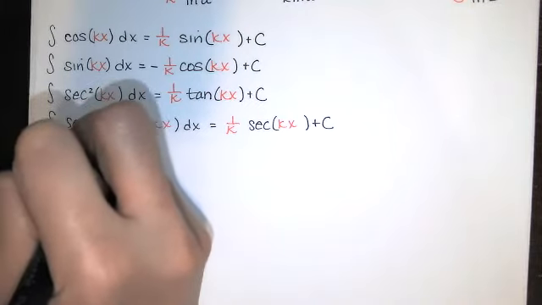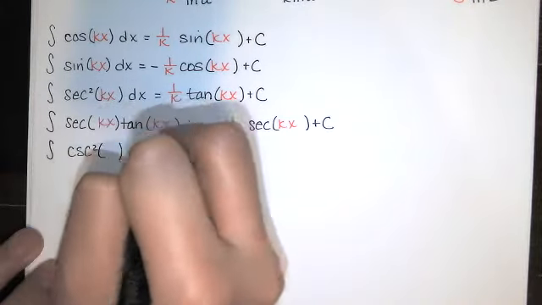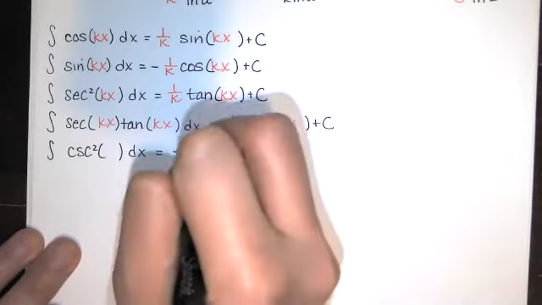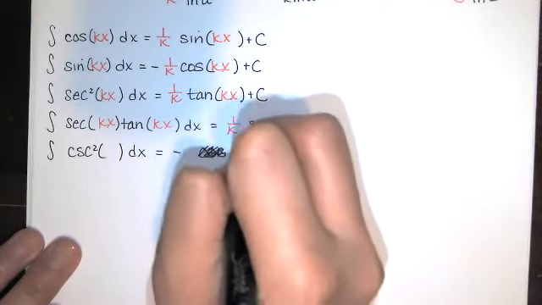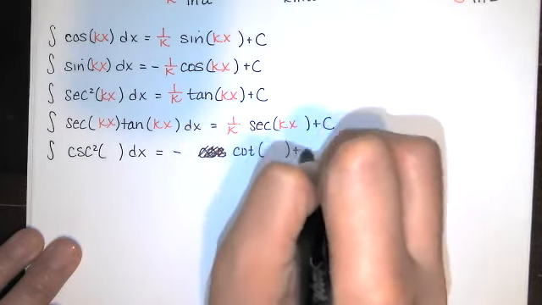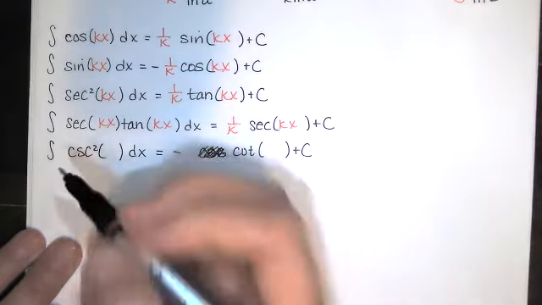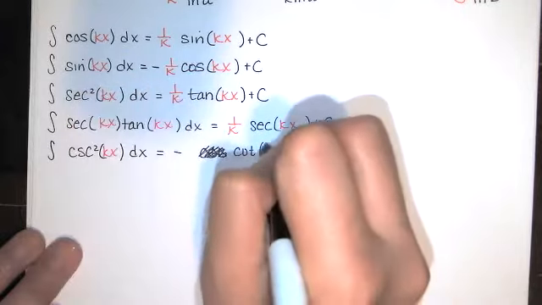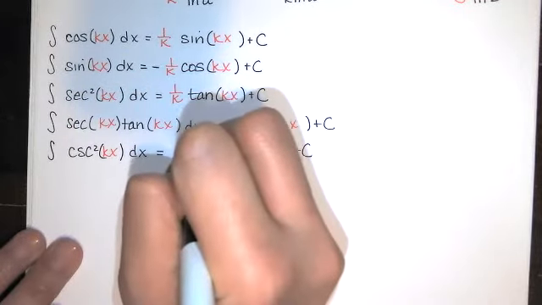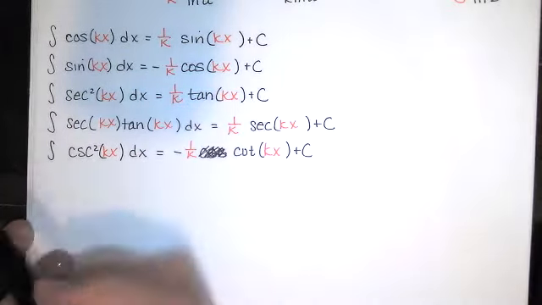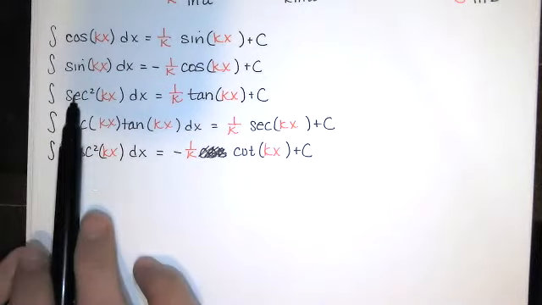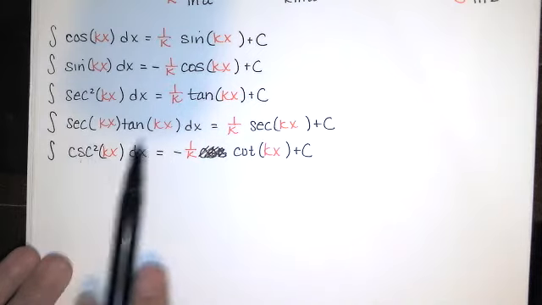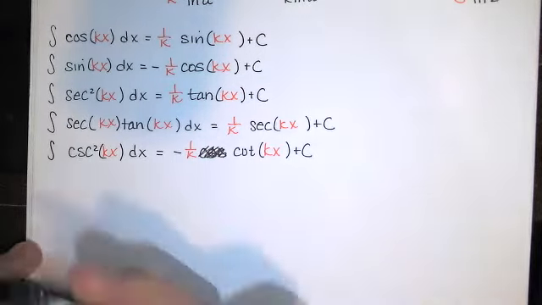Antiderivative of cosecant squared is negative cosecant. Oh, excuse me, that's wrong. It's negative cotangent plus c. Replace the x with a kx. Divide by k. So we did cosine, sine, secant squared, secant, cosecant squared.